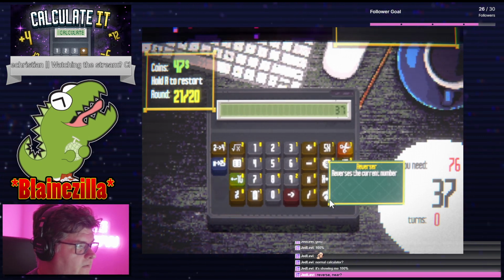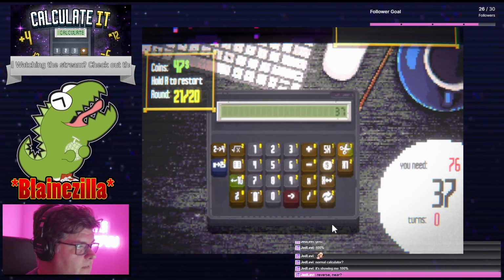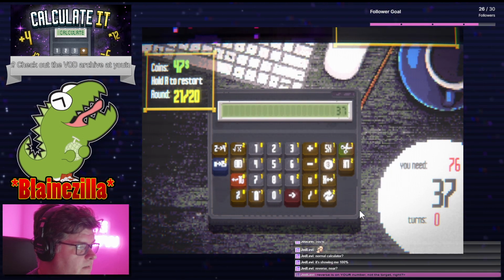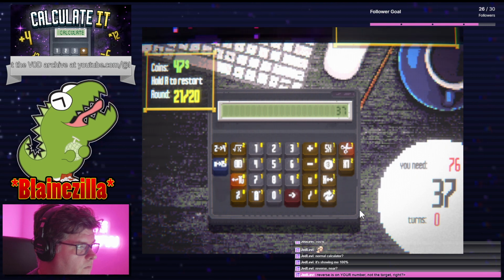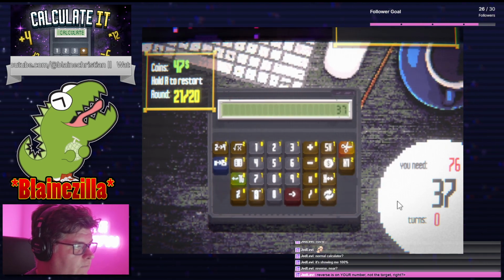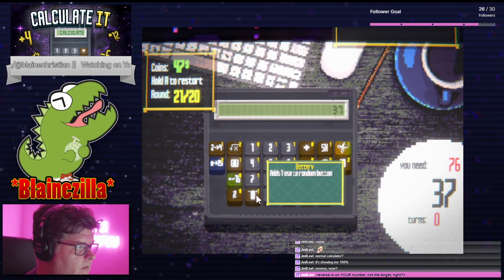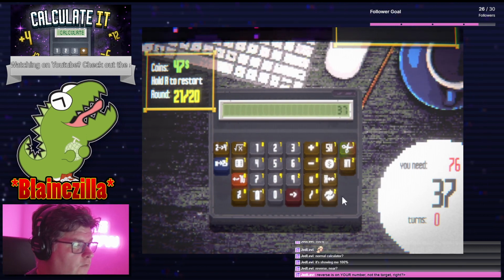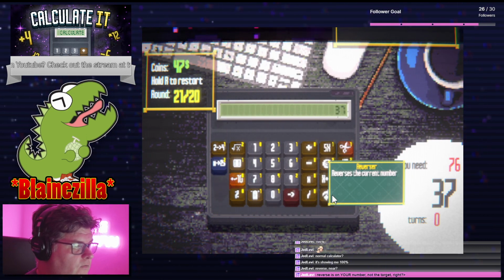It's a hell of an idea, though. Increment. 2 into 4. 25. Oh, 25 times 3 increment. Yeah, obviously that's not going to work. We don't have any. So we have this. Reverse is your number. Yes. Reverse is the current number, not target number.